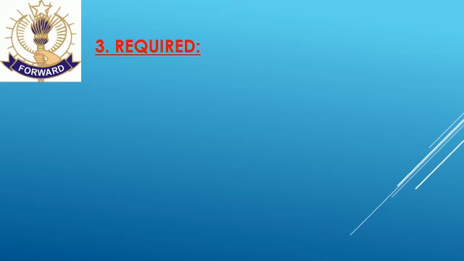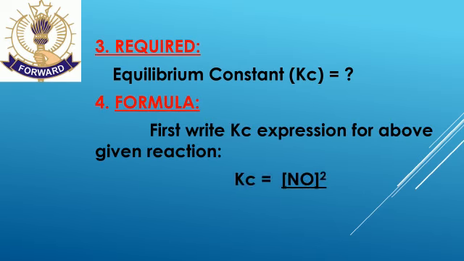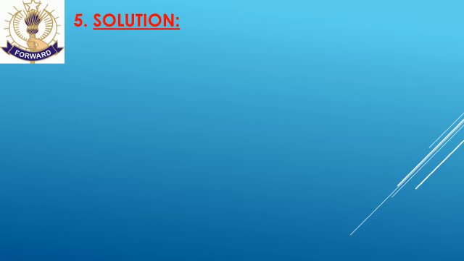Next we have required. What we are going to calculate, that is Kc equals to question mark. For calculation we will use the formula, that is Kc equals to the ratio of the product to the concentration of reactants.